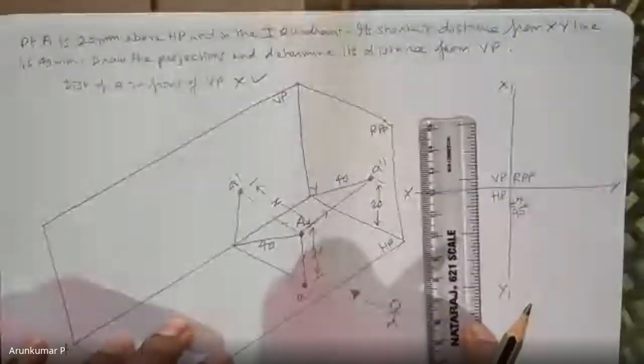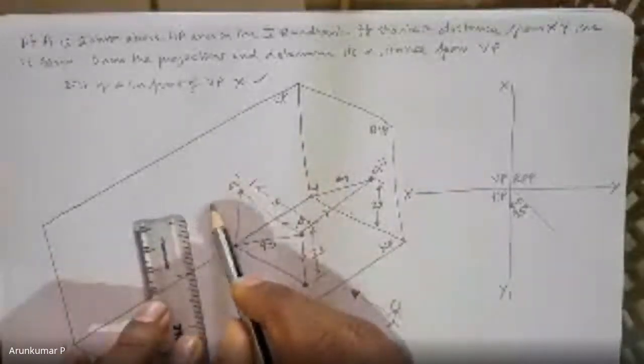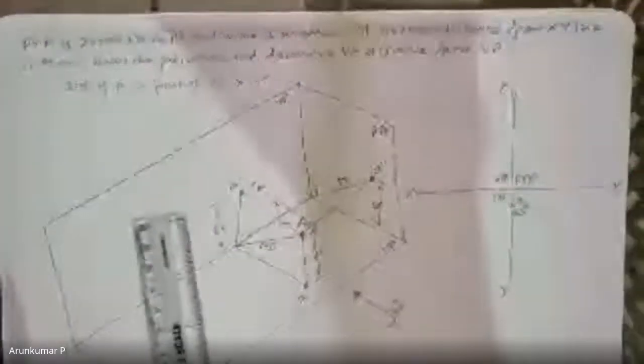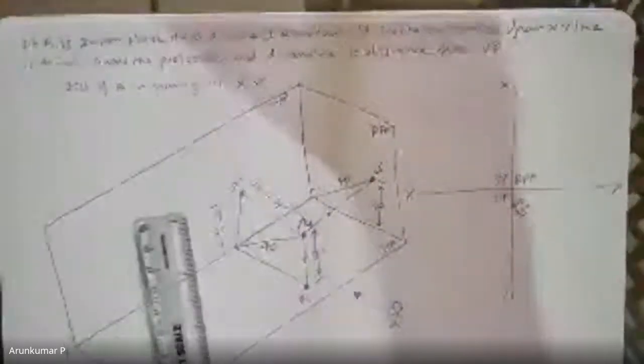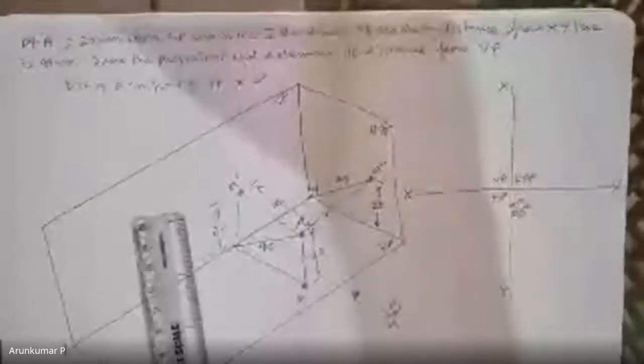Can I blindly draw the front view A dash, because I know that it is 20 mm above? Sir, screen is blurred. Yeah, I can see that. Maybe connection issue. Now it does okay. Just check it. 1 second.